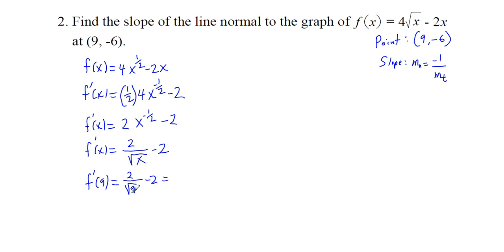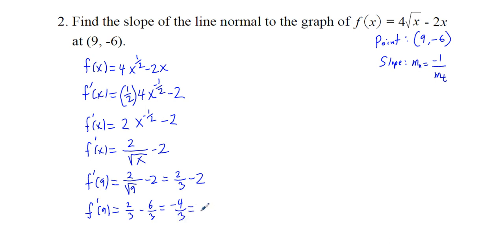And that's going to be equal to 2 over square root of 9, which is 2/3, minus 2, and f prime of 9 is equal to 2/3, and minus 2 is going to be minus 6/3. So we get a negative 4/3.